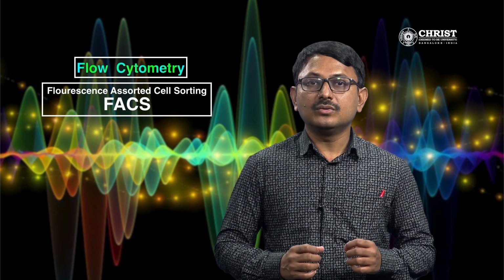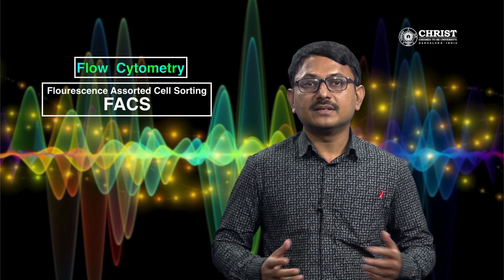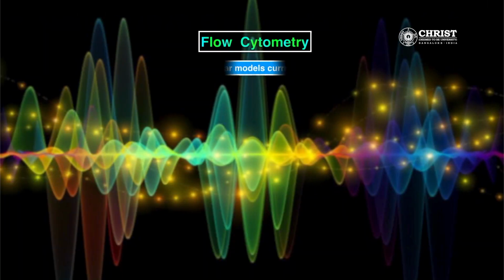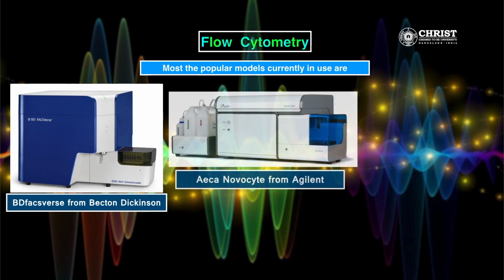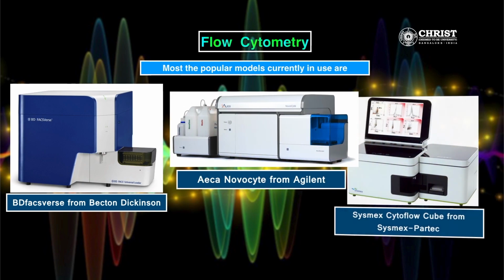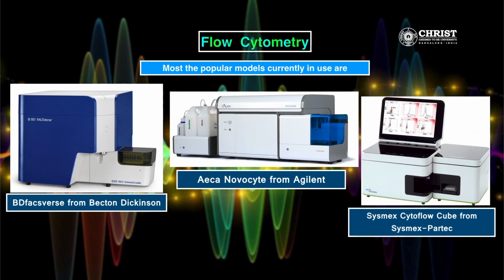The first fluorescence activated cell sorting, or FACS in short, instrument, used to sort cells based on the principle of flow cytometry, was made and sold by Becton Dickinson in 1974. Currently, FACS and flow cytometry equipment is supplied by major vendors such as Becton Dickinson, Sysmex and Agilent Systems. Some of the most popular models currently in use are BD FACSVerse from Becton Dickinson, ACEA NovoCyte from Agilent and Sysmex CyFlow Cube from Sysmex Partec.